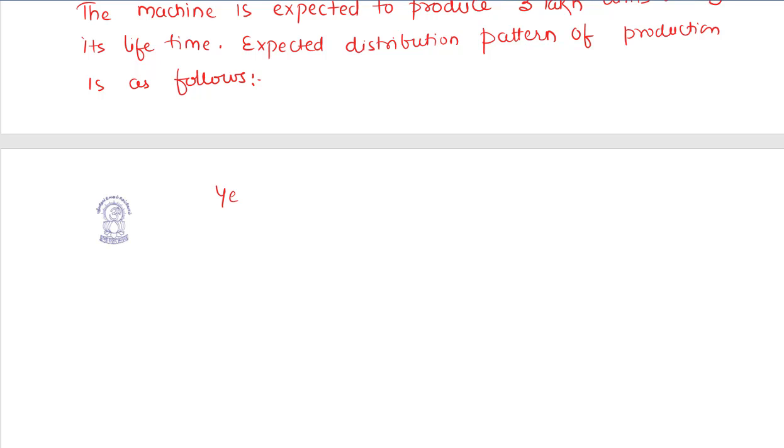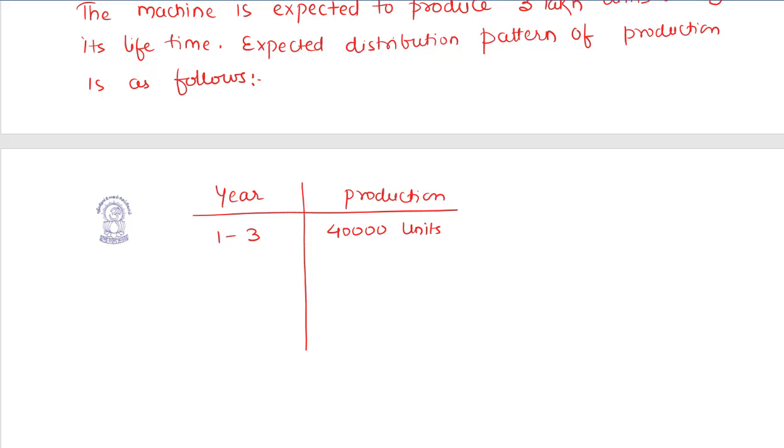Year and production: years 1 to 3, 40,000 units per year.